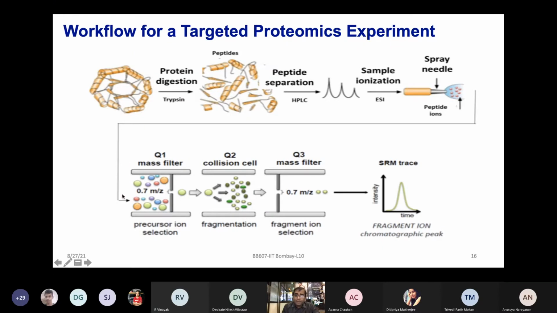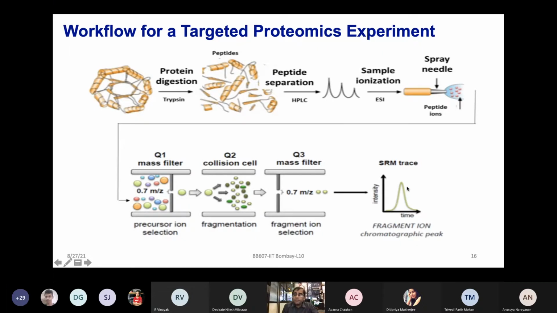In the first, all the peptides are going to come. Now let's say you have defined with the software, with the Skyline parameters, that you are only interested in the green peptide, which is the peptide of your interest, which you have identified from your MaxQuant or the Perseus analysis, that this looks like a very interesting peptide. So you are telling the quadrupole to only filter this particular peptide, the green peptide of interest, and then you are going to do collision of that particular peptide in the collision cell, and then you are going to look at the fragmentation pattern of that at the MS/MS level, in the Q3 mass filter.